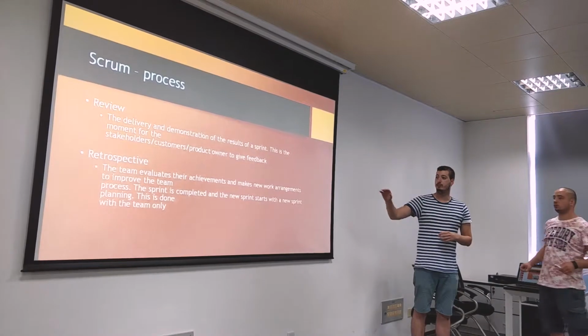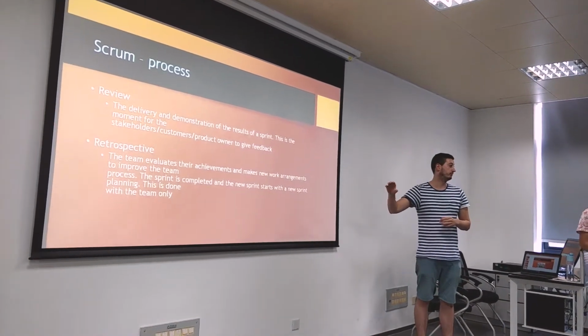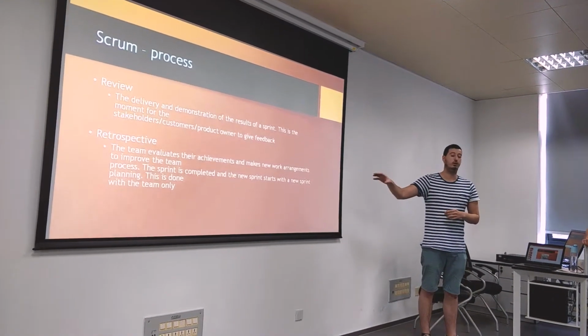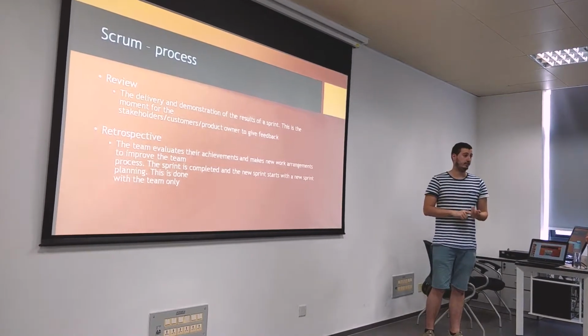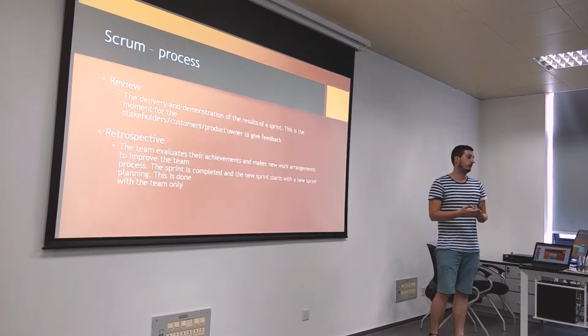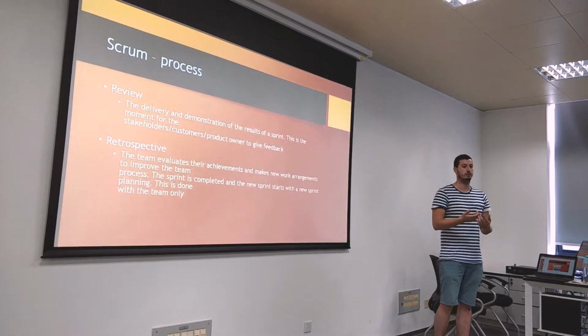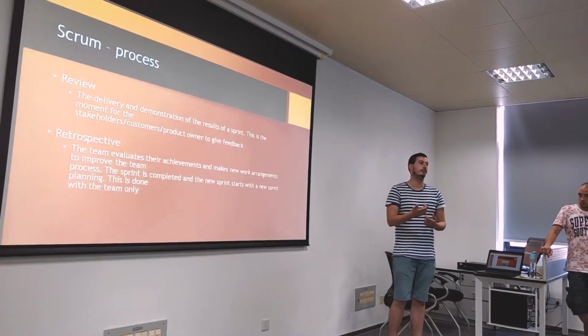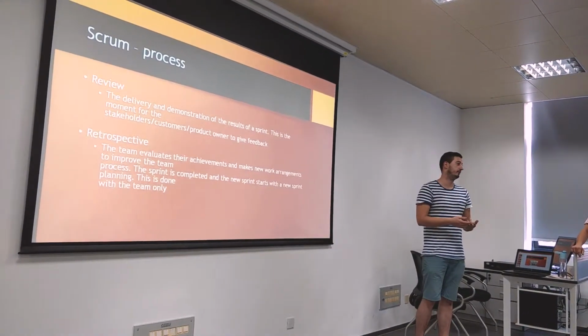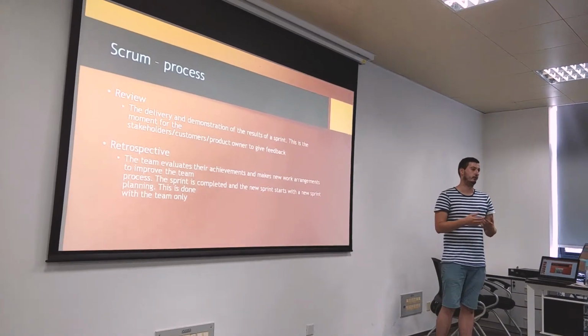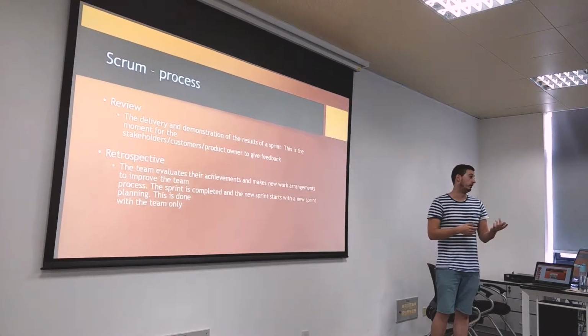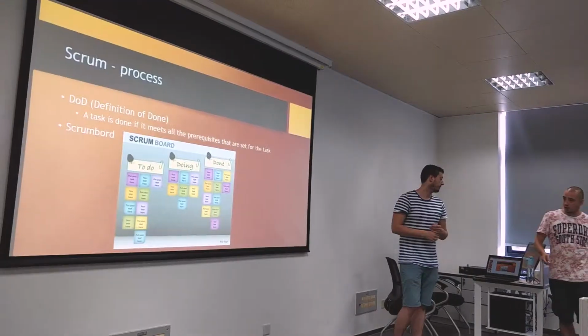When that's done, you have the retrospective. That's just for the team, so it's only the team and the Scrum Master. They discuss with each other how the sprint went, and they ask each other questions like what can we do better next sprint, were there any problems, what went well, also very important.